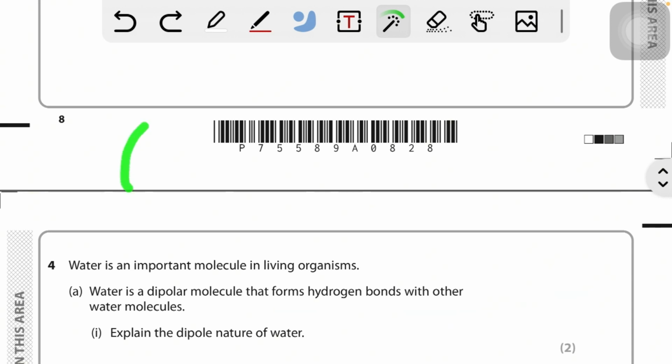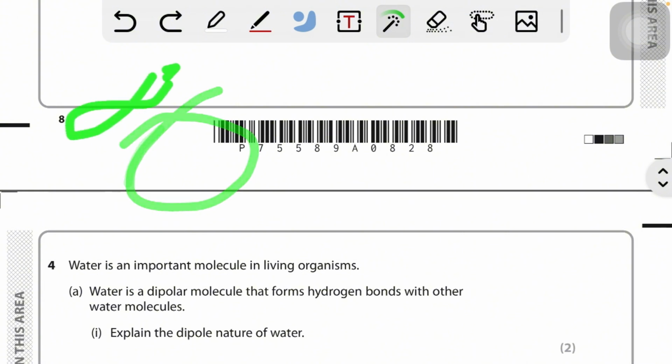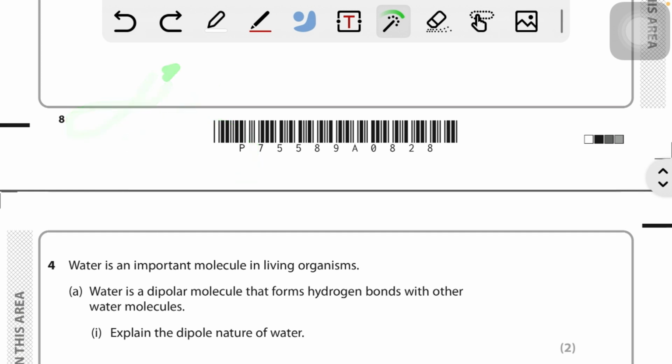It means that the water molecule has an oxygen and two hydrogen atoms, right? And the oxygen atom has a slightly negative charge over it, and the hydrogen atoms have a slightly positive charge.